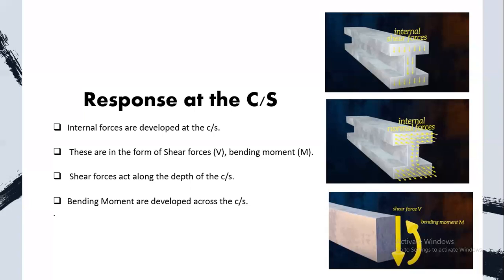Due to this unlike set of forces, a moment is developed at the cross section, and this leads to the development of bending moment across the cross section. Whereas, as we mentioned earlier, the shear force is developed along the depth of the cross section, as is clear and evident from the slides discussed here.